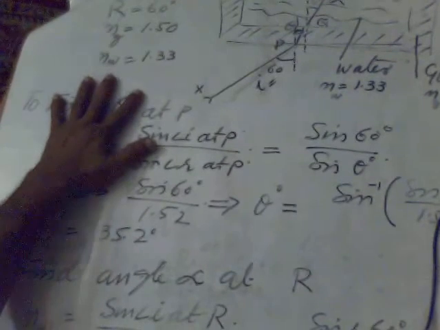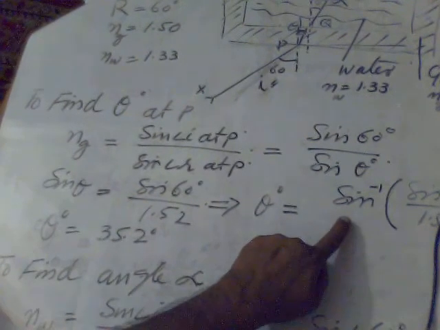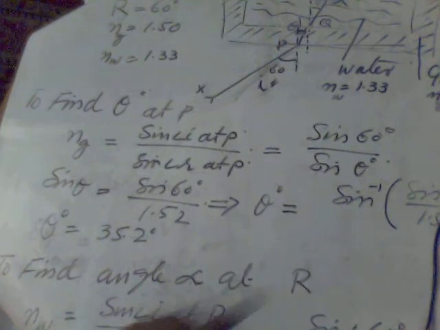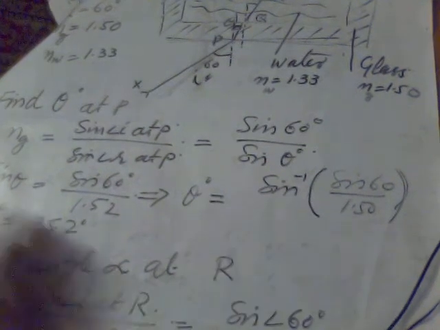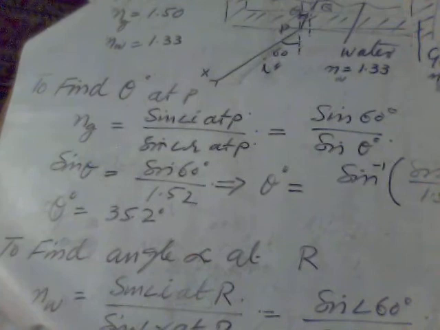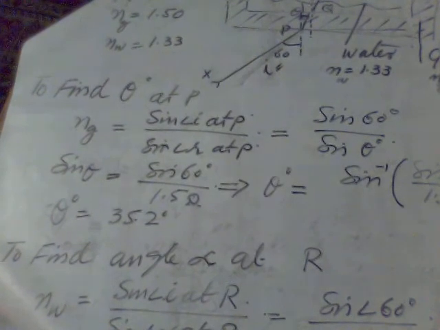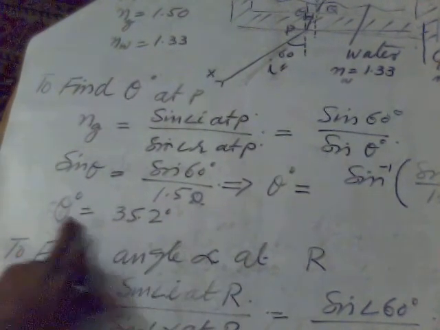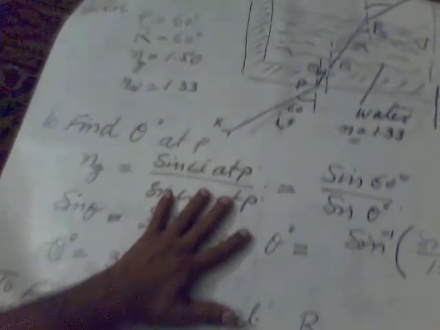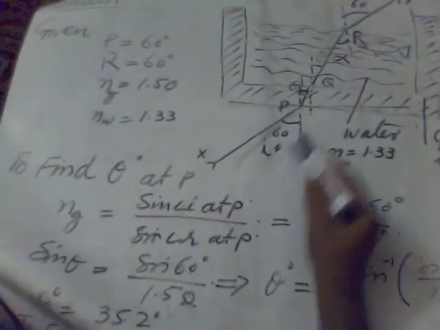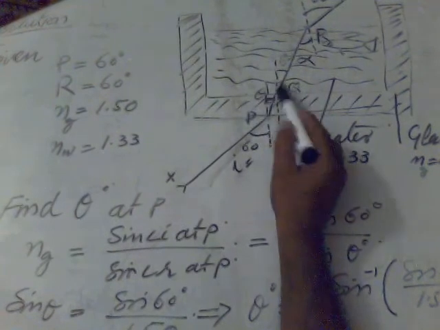When we rearrange, the sine shifts to the right-hand side and becomes inverse sine of sine 60 divided by 1.50, the refractive index of glass. When we simplify and calculate the whole value, theta comes to 35.2 degrees. So on the figure, at P the angle of incidence is 60 and the angle of refraction theta in the glass, since we are only talking about the glass here.